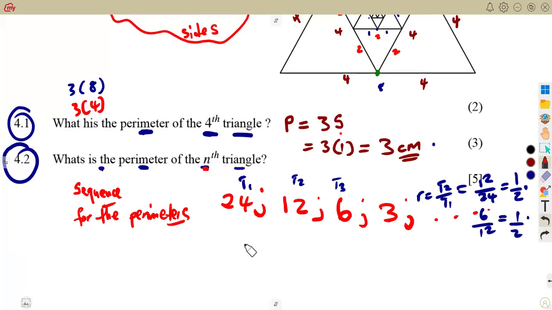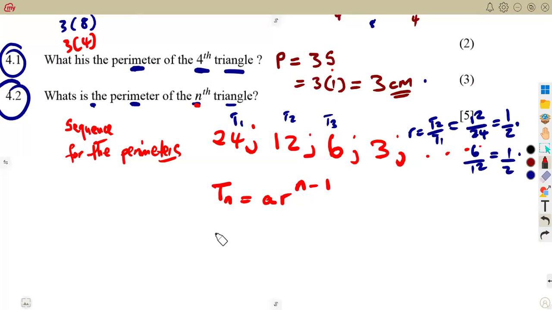So we can calculate or represent Tn, the nth term for these perimeters. Remember, for a geometric progression, Tn is given by a r to the exponent of n minus 1. So substituting the value of a and the value of r is going to give us Tn.